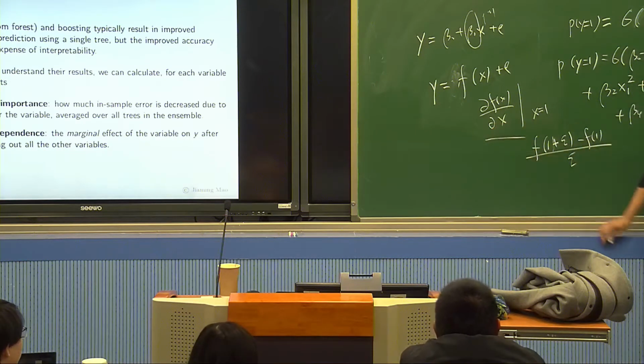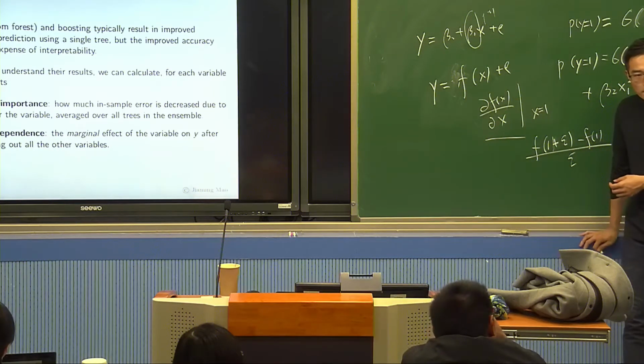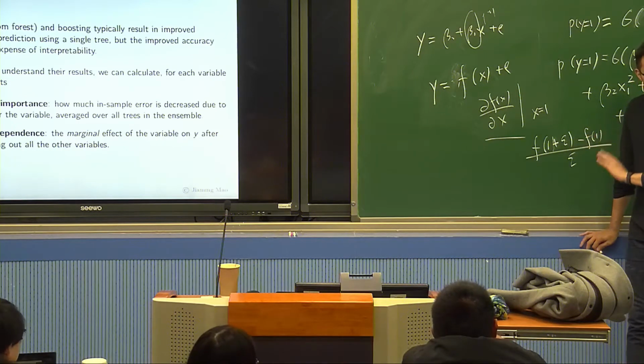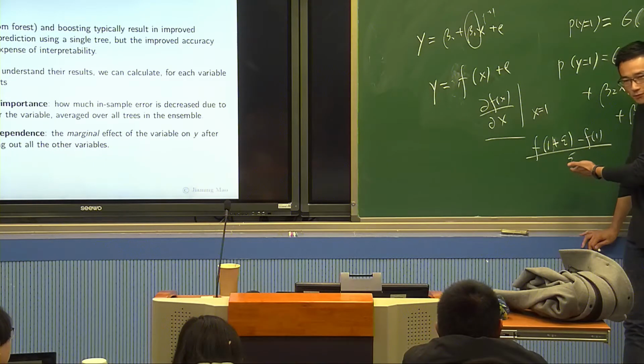That's it. It's really simple, and that tells you the effect of x on y. That's true for any model. So in other words, it's not really that hard to interpret. It's just that you need to do additional steps of computation.